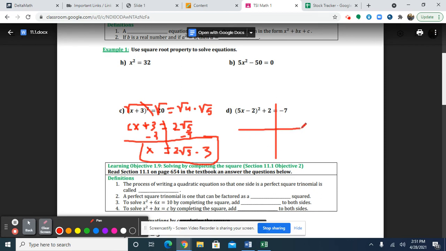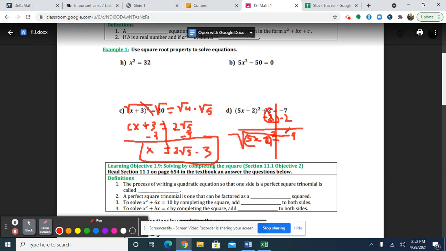Now this last one does combine a couple other things. So first off, we want to leave the square by itself, so we're going to subtract 2. That's going to give us negative 9 equals 5x minus 2 squared.